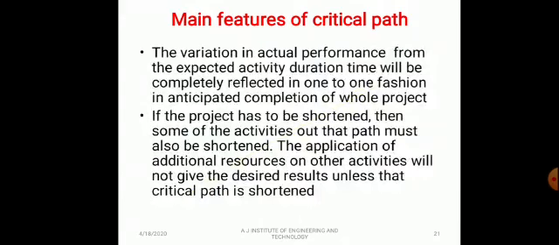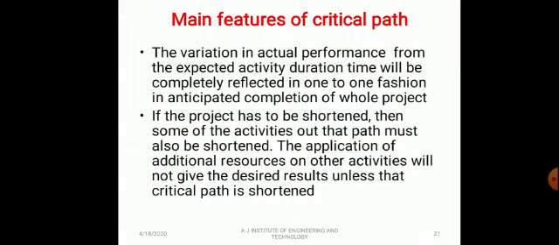Network diagram: first you draw it. The variation in actual performance from the expected activity duration will be completely reflected, in one-to-one fashion, in the anticipated completion of the whole project. If the project has to be shortened, then some of the activities on that path must be shortened. The application of additional resources on other activities will not give the desired results unless the critical path is shortened.